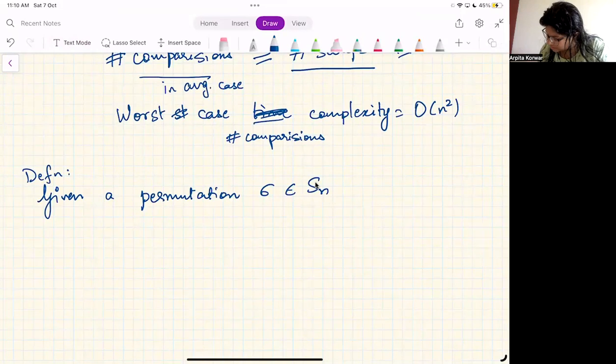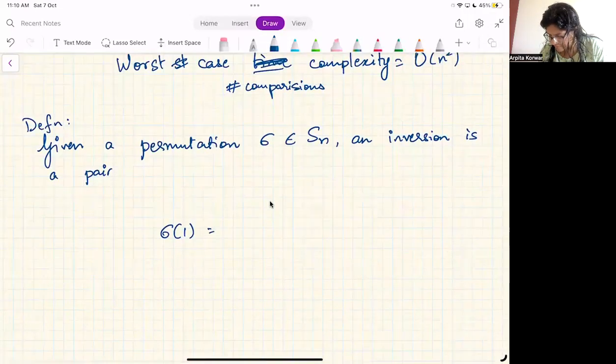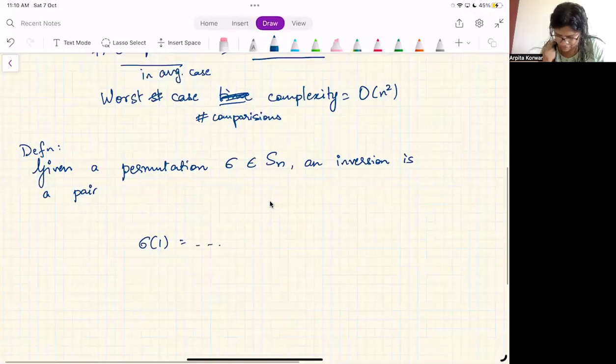Given a permutation, an inversion is a pair. So how should you write it? Sigma of 1 is equal to whatever. 1 goes to 2, let's say 2 goes to 3, etc. So sigma of 1 is whatever, sigma of 2 is whatever. You should write like that.